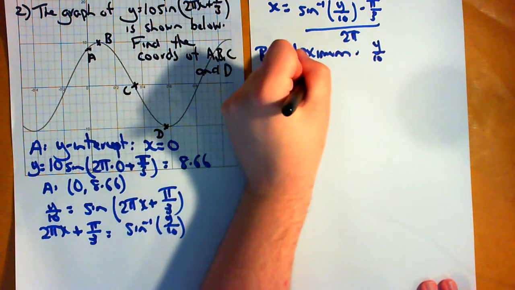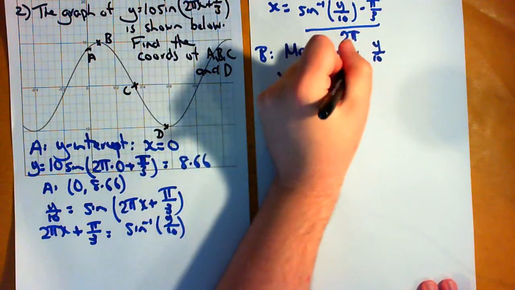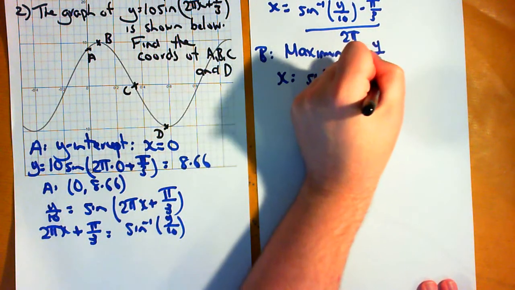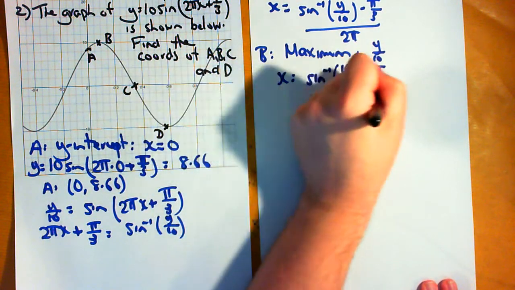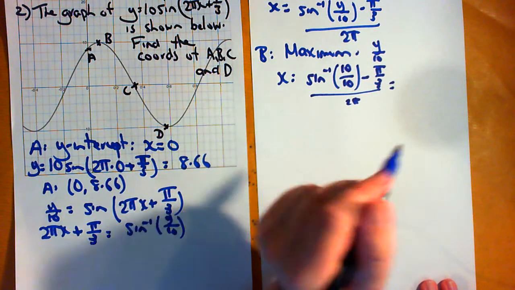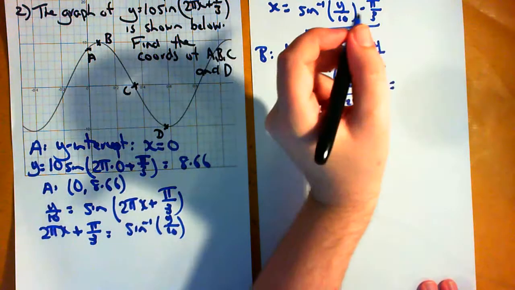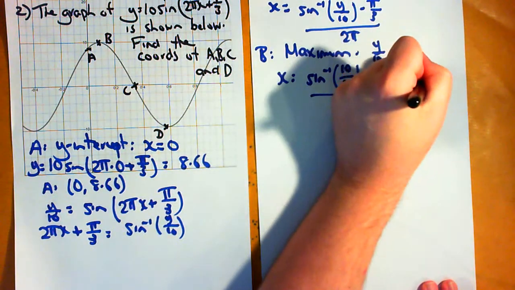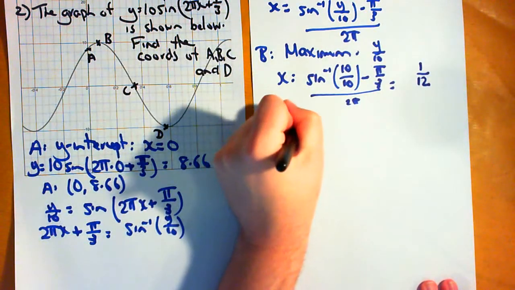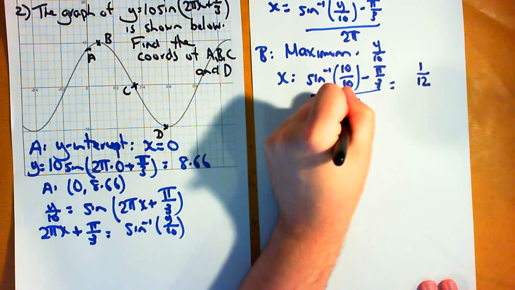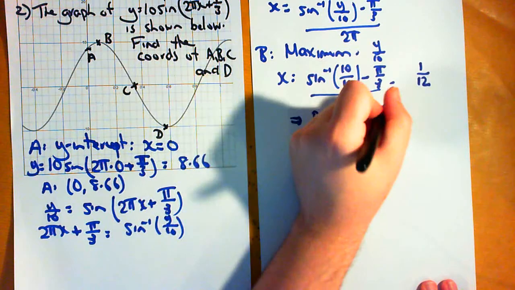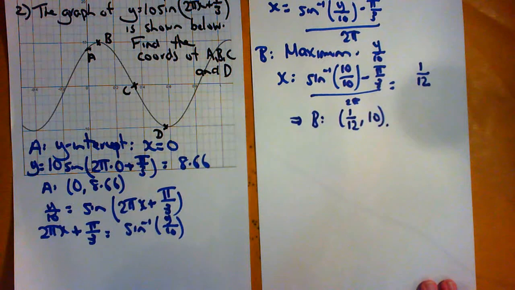So we get (sine inverse of 10 over 10, minus π/3), divided by 2π. That will give us 1 over 12. So B is the point 1 over 12 comma 10. So that's point B.